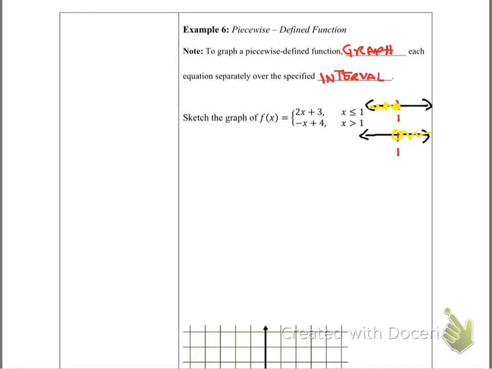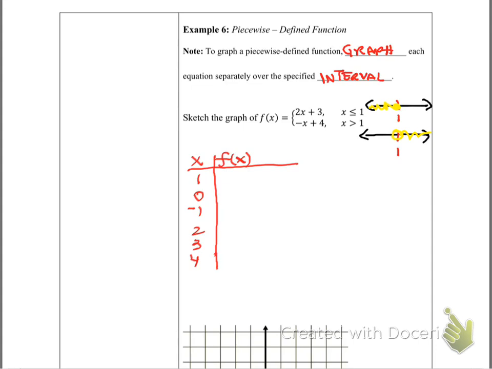So we're going to make a little table, and my advice is to pick three values in each section. We're going to have x and f of x. So for the first one, we can pick 1, 0, and -1. And then for the second one, we can pick 2, 3, 4.